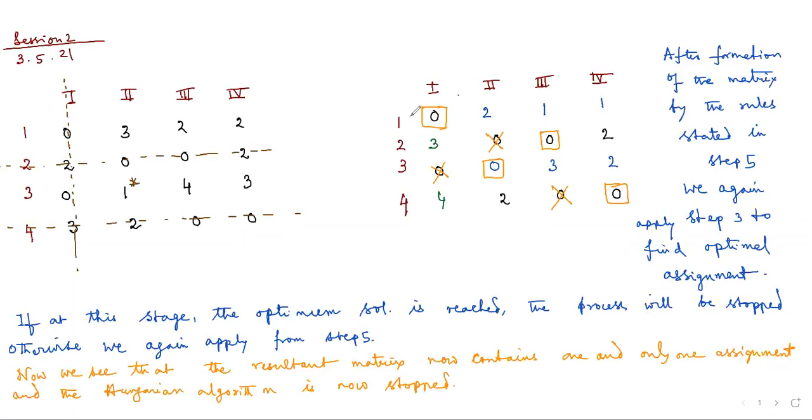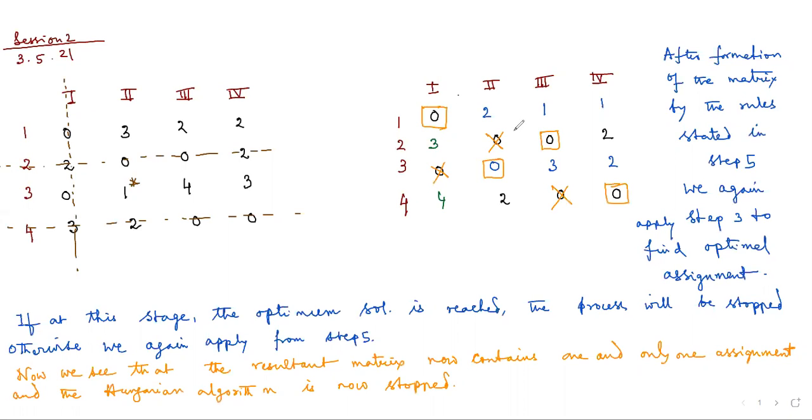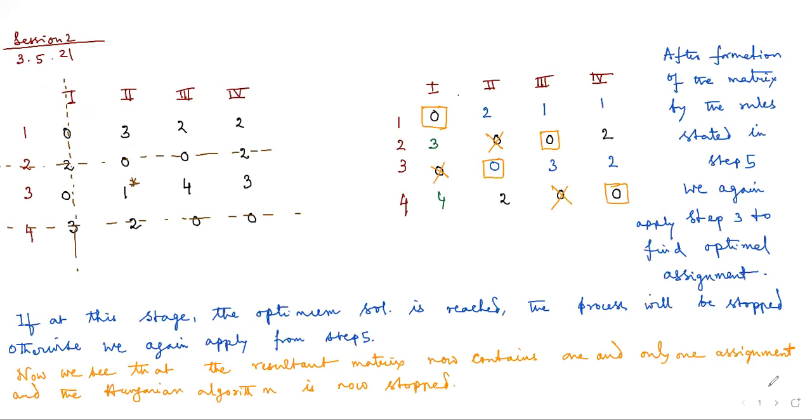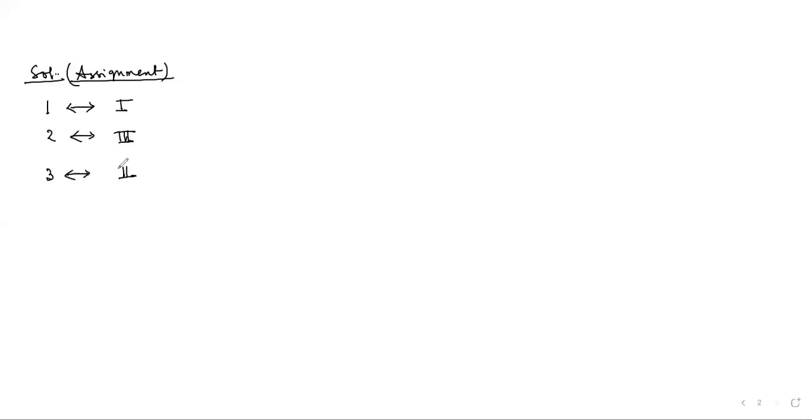Okay, so you see the first person has been assigned to the first job. That means we have got this assignment. The second person has been assigned to the third job. So we have got this assignment. The third person has been assigned to the second job. So this one. And the fourth person has been assigned to the fourth job. That means this.